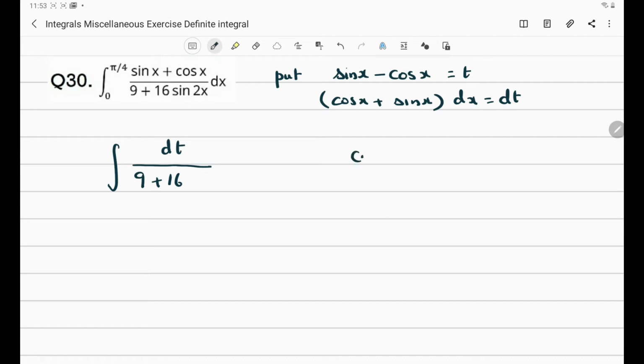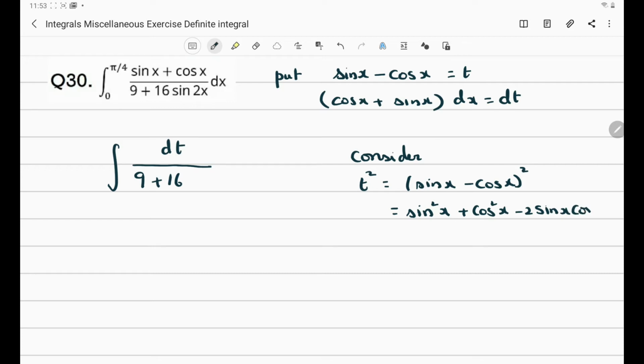So, for that consider t square. t square equal to sin x minus cos x whole square, which is sin squared x plus cos squared x minus 2 sin x cos x, which is equal to 1 minus sin 2x. Or from this we can get sin 2x is equal to 1 minus t square. So in place of sin 2x we can write 1 minus t square.